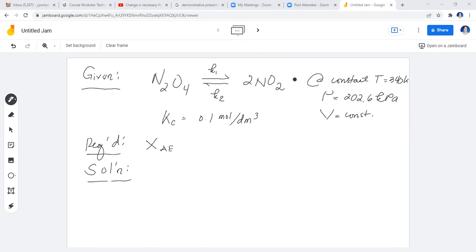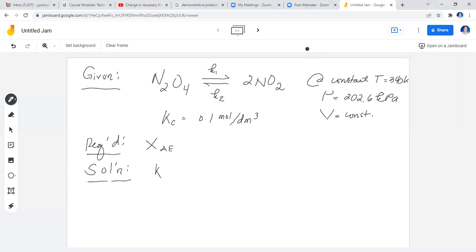To save us some time, you are given the equilibrium constant. Vincent Villares, equilibrium expression is correct. You are to write the equilibrium expression.